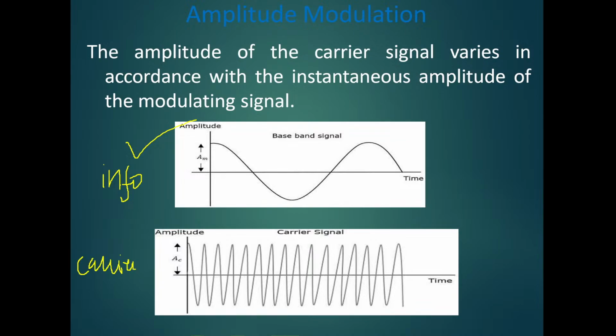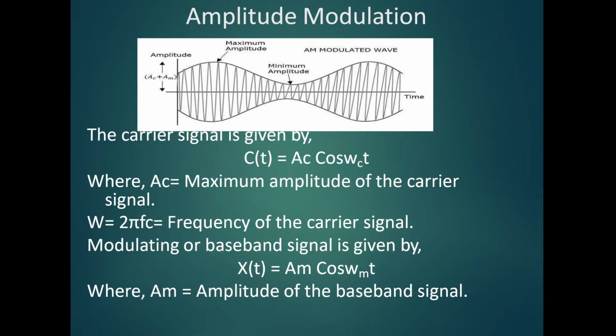The carrier signal is a high frequency signal. We are going to change the amplitude of the carrier signal in accordance to the baseband signal. So this is what is produced. This figure is called our AM signal.